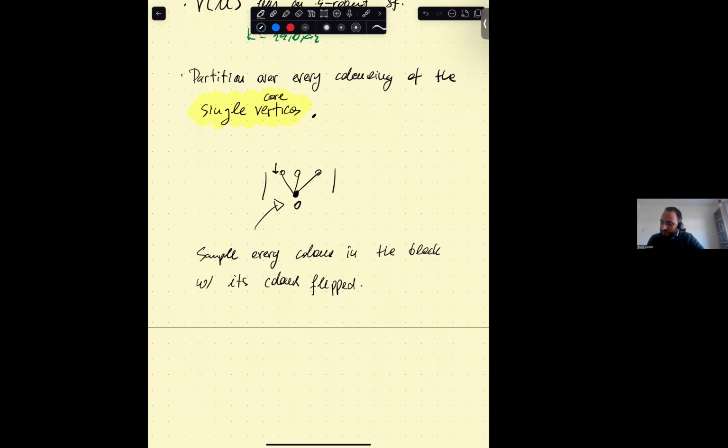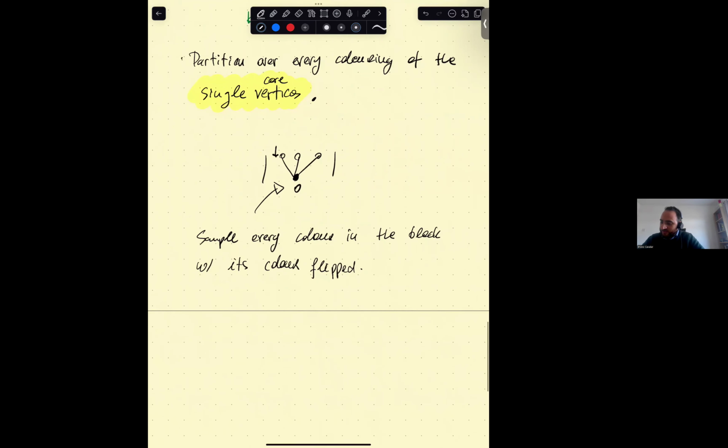So basically, instead of just sampling some xi, you're going to sample one yi and XOR 1, for all the vertices in the block where the single core vertex is colored 0. Now, this is also uniform.